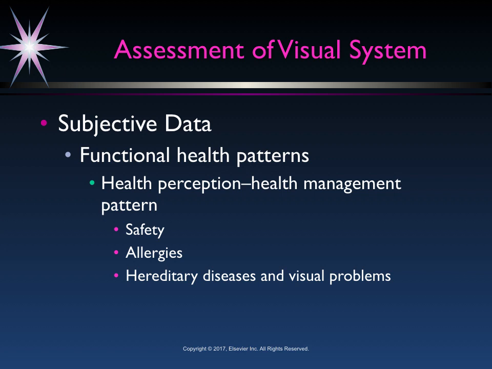The other thing we have to think about is whether there is a hereditary reason why these people are having visual problems. We often see hereditary diseases like sickle cell affecting vision, and a family history of atherosclerosis, diabetes, hypertension, arthritis, or cancer are often associated with visual problems.